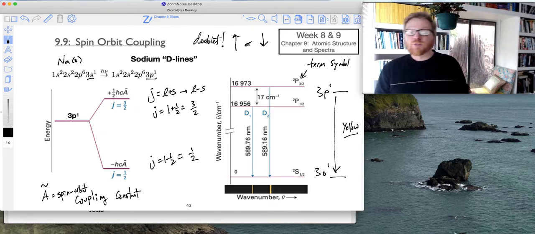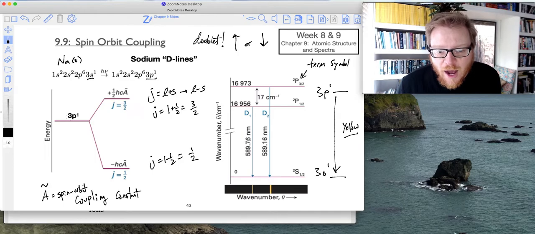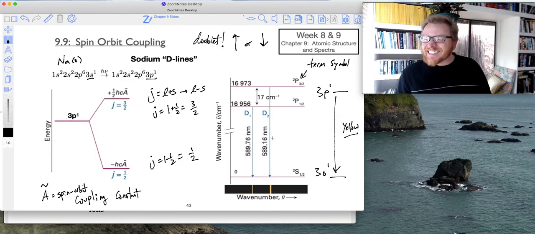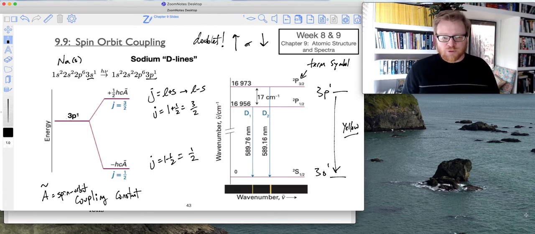So there's no way we observe this with our eyeballs, right? We're not going to be able to resolve, what is that, 0.6 nanometer difference with our eyes. There's no way we can do it. And even a lot of the monochromators that we use, particularly in the general chemistry lab, they can't even resolve this. You have to have a really high resolution detector and monochromator to tell the difference between these two spins, all right?